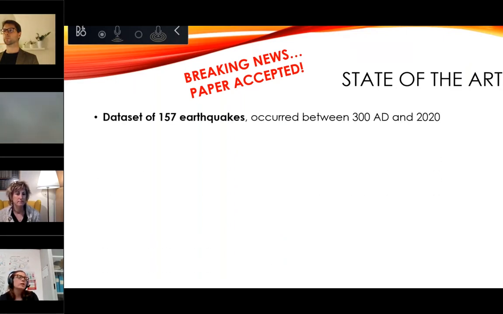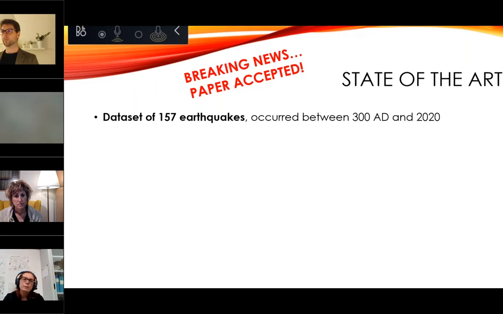So what we did is to collect information on 157 earthquakes, which have been analyzed using this intensity scale. We built a data set with the information concerning the seismological aspects, so magnitude, earthquake kinematics, length of surface ruptures, and so on.